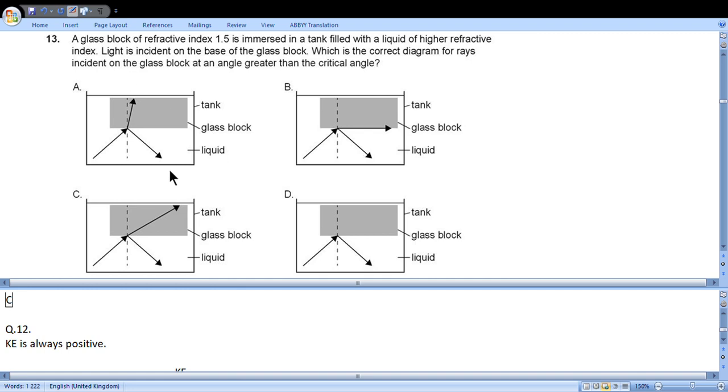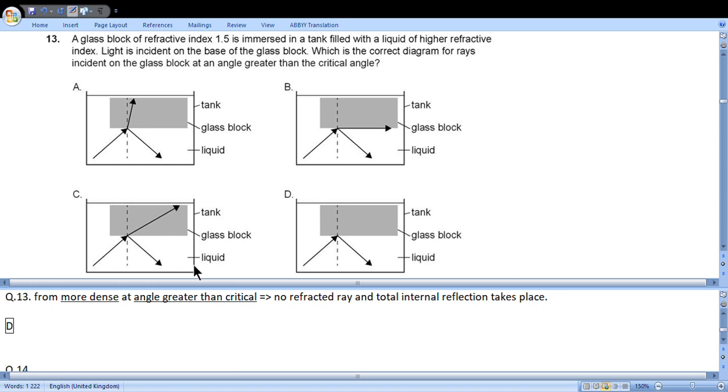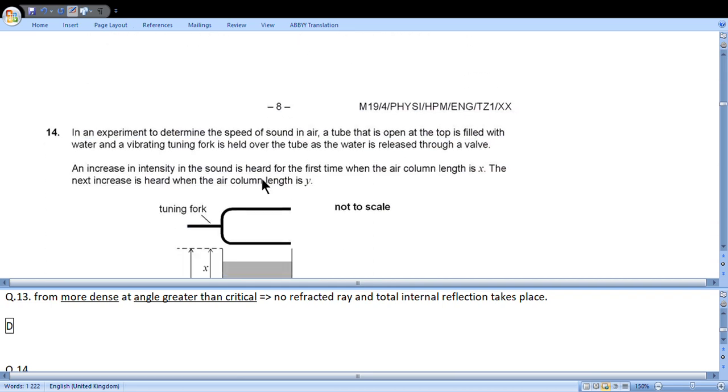Greater than the critical, and we go from more dense into less dense. So picture D is correct because we should observe total internal reflection, no refraction into the glass block. So we choose D. More dense at angle greater than critical, so total internal reflection takes place.